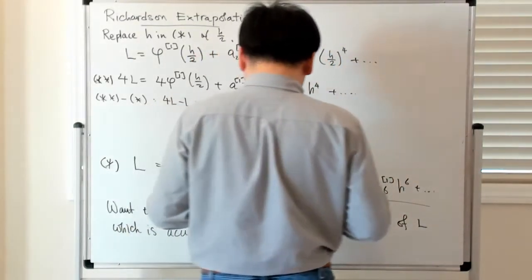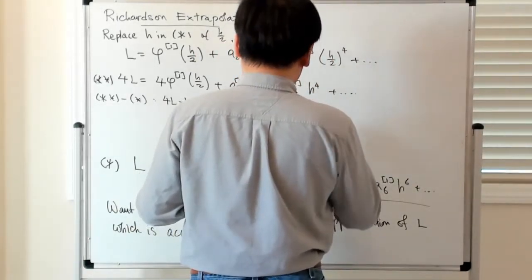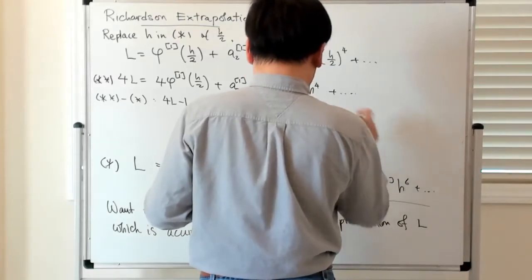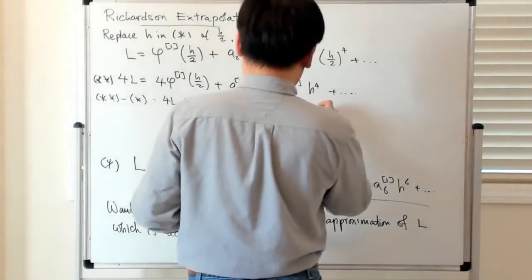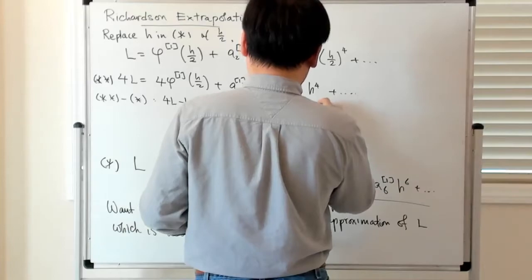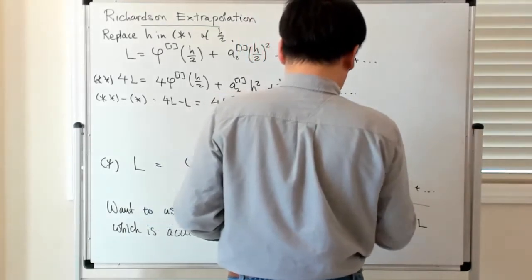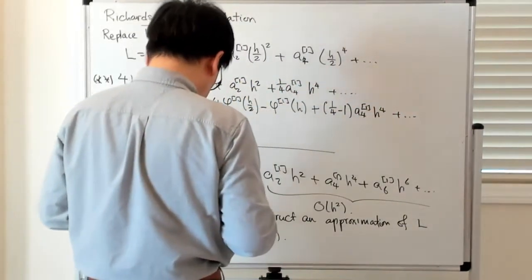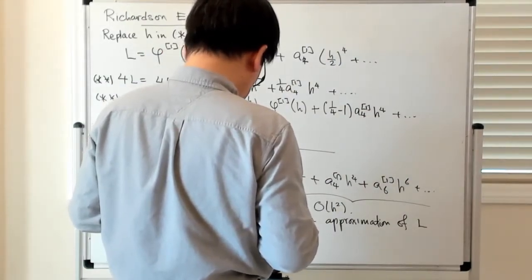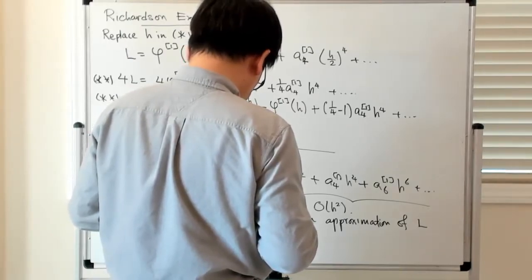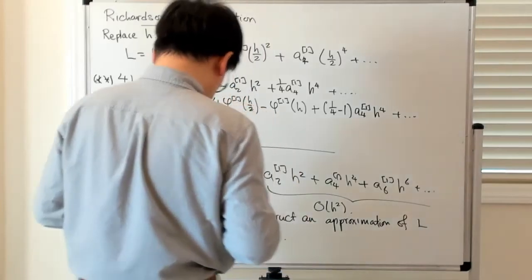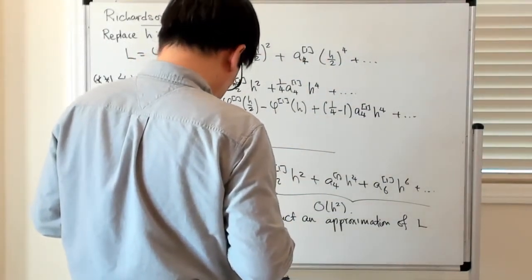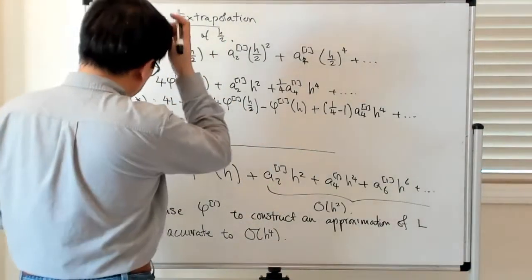And then this is plus 1/4 minus 1 times a41 h to the 4 plus higher order terms. Then I can divide everything by 3.